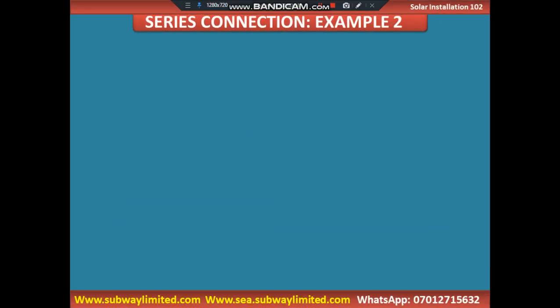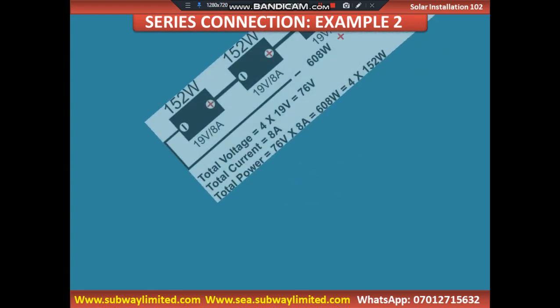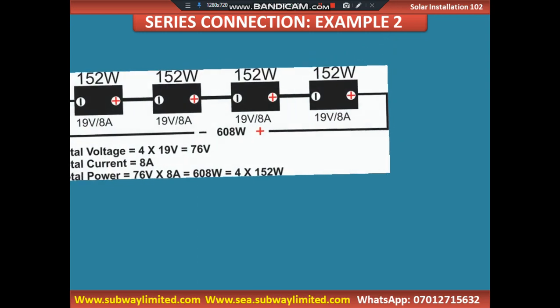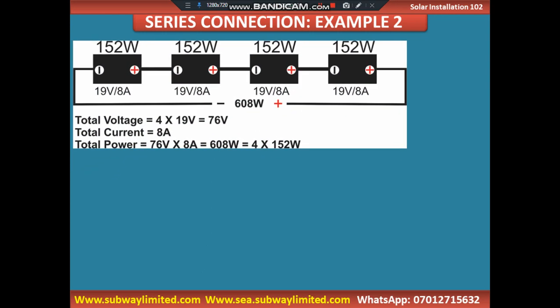This is example 2 when we are talking about series connection. If you look at this solar panels rating, we still have 4 solar panels. They are all of the same watts.